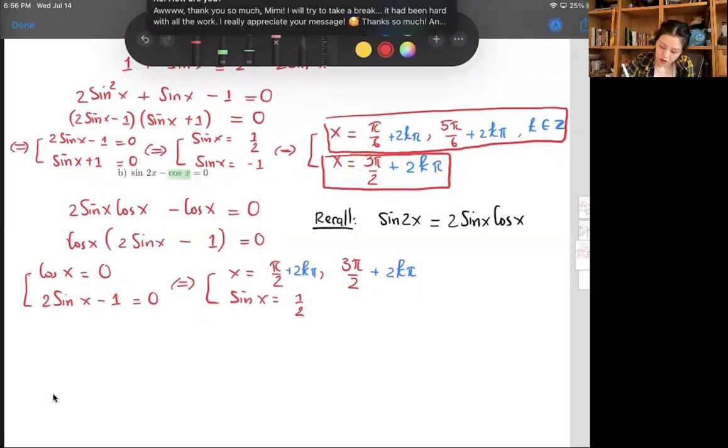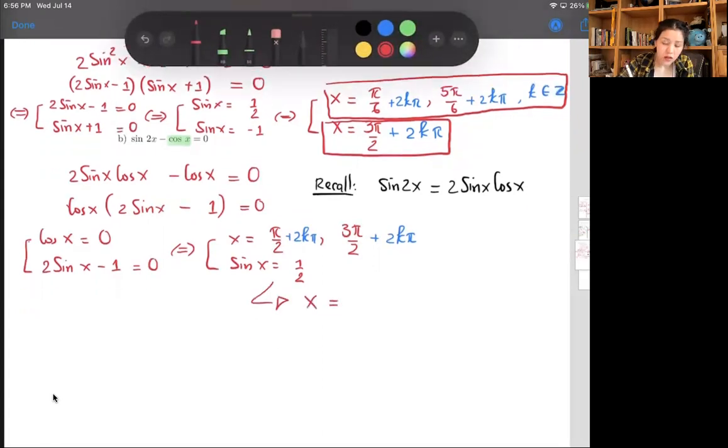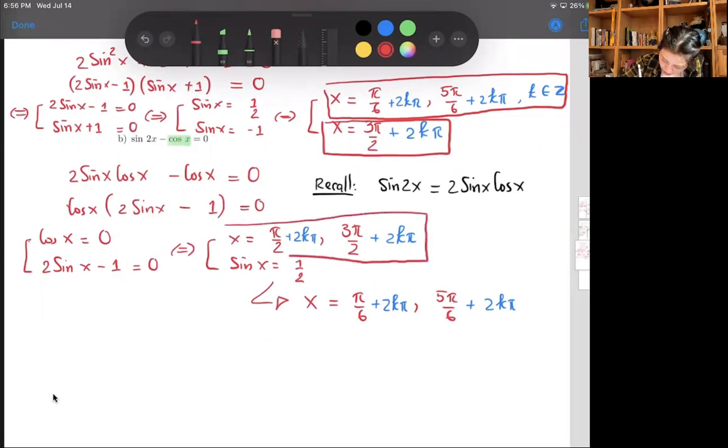On the unit circle, this implies x equals either pi over 6 or 5 pi over 6, and we add 2k pi at the end. Okay, so those are our solutions.